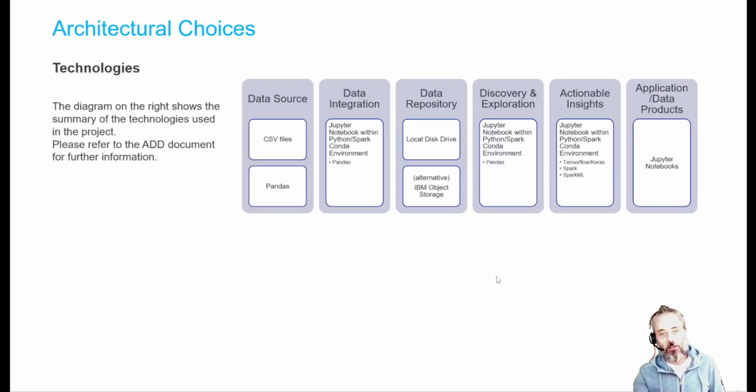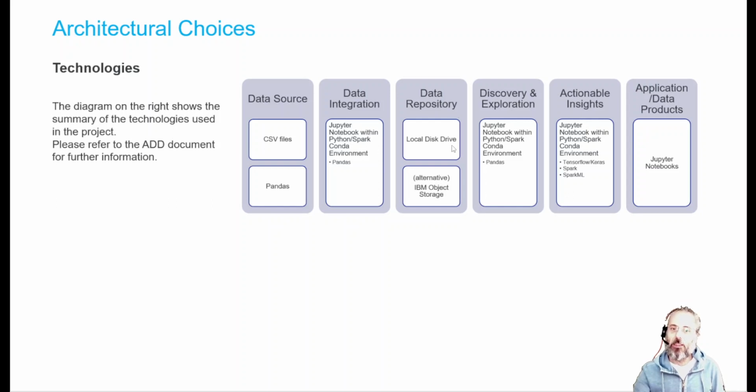Let's have a quick look at the technologies that we used in this project. For example, the data source was CSV files, and we did exploration with pandas. For data integration, as we said, we use a Jupyter notebook within the Python and Spark Conda environment. We used only pandas because it was quite flexible and enough for handling the data.